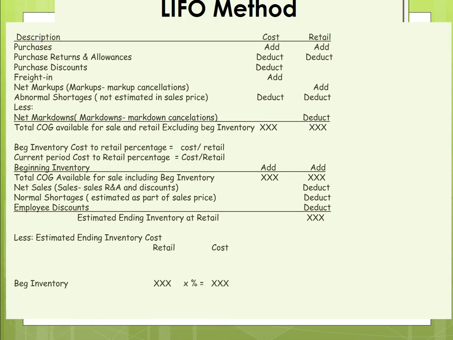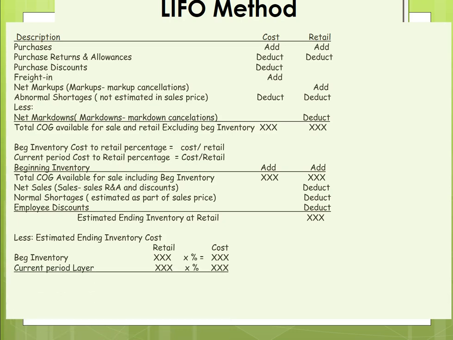So beginning inventory would be what we started with at retail and cost, and then we would take our estimated ending inventory at retail, subtract beginning inventory to get our current period layer. So our total estimated inventory at cost would then be deducted, and we'd get estimated cost of goods sold.